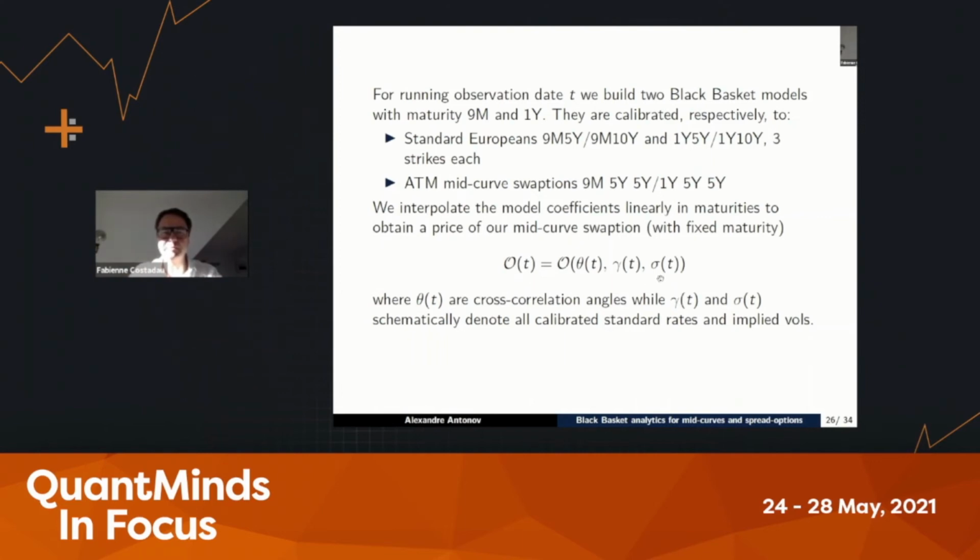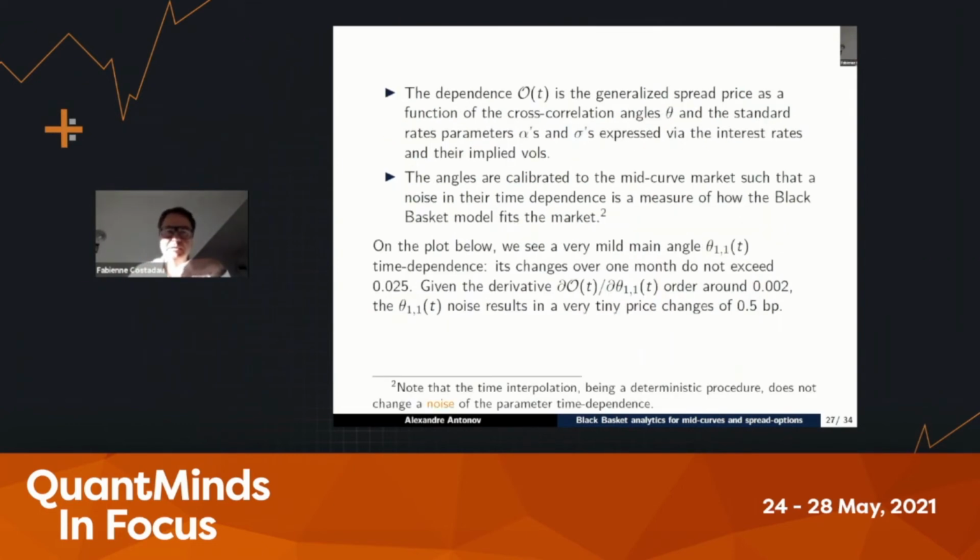So gamma and sigma are our factors. They are supposed to move in time, following the European option parameters. And the thetas, the angles, are supposed to be the parameters, so they should stay the same. So we can analyze their dependence on time.